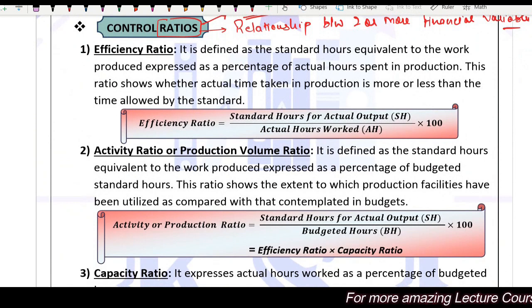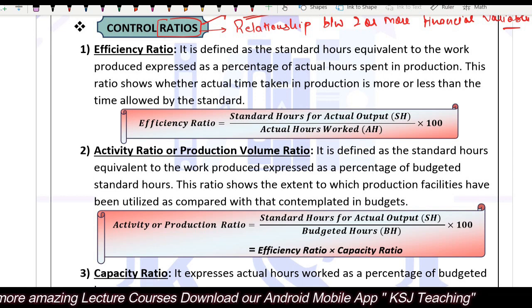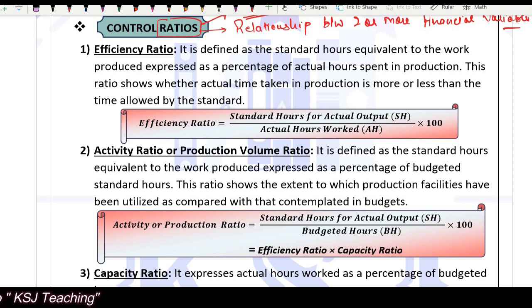Do not waste too much time in understanding. I'll try to make you understand what the relationship is between the two variables that we are going to use in each ratio.